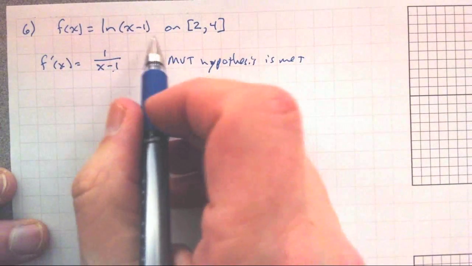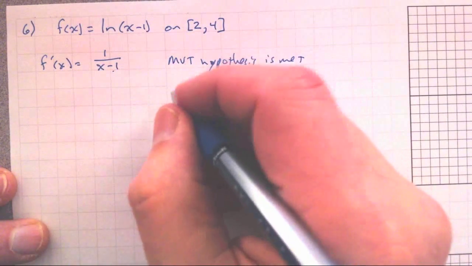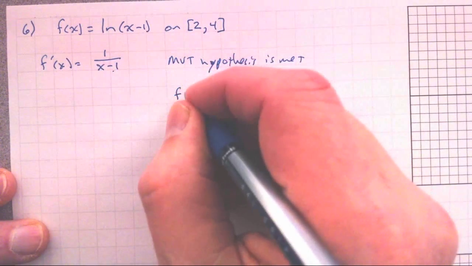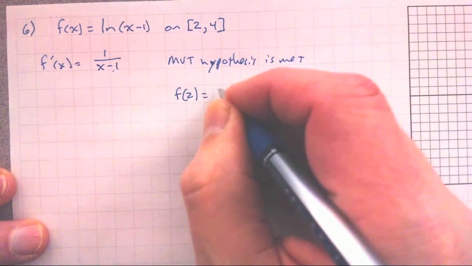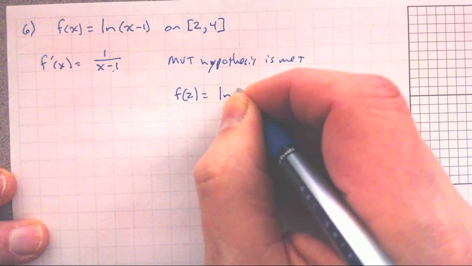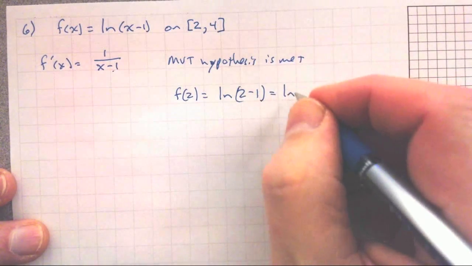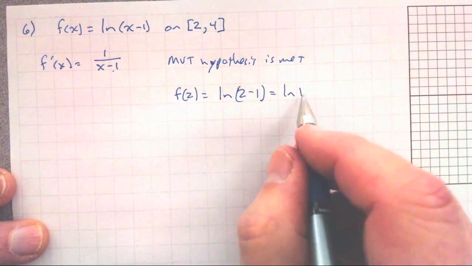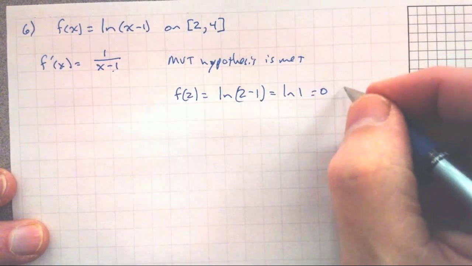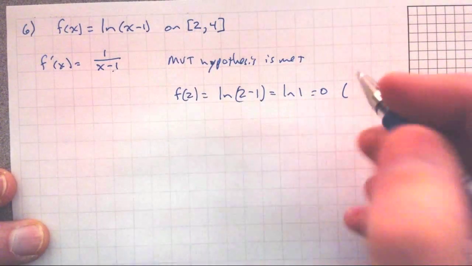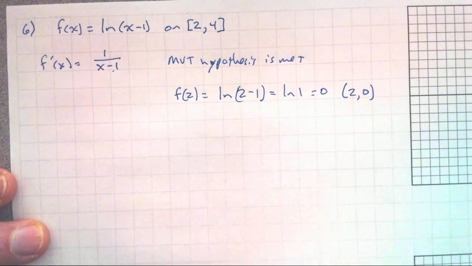Okay, so let's find this one out. I need to find f of 2. That is ln of 2 minus 1, or ln of 1. And ln of 1 is the exponent that turns e into 1. That is 0. So I have an ordered pair. My starting ordered pair is 2, 0.